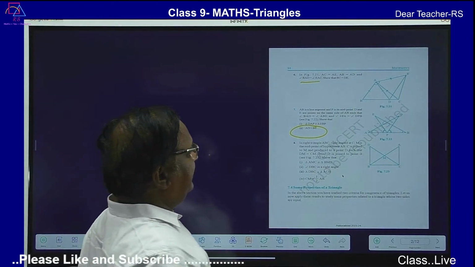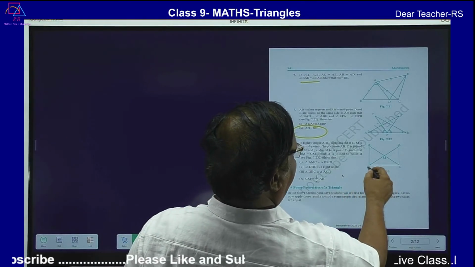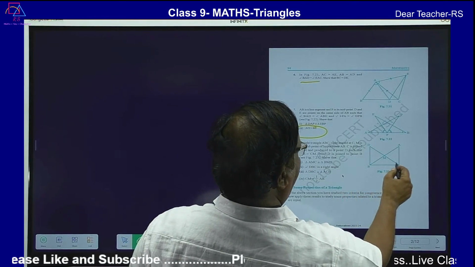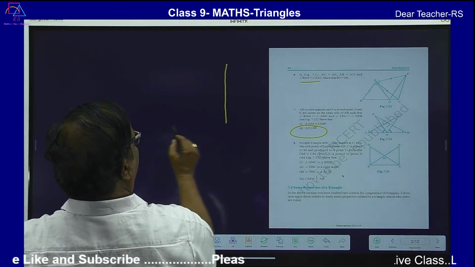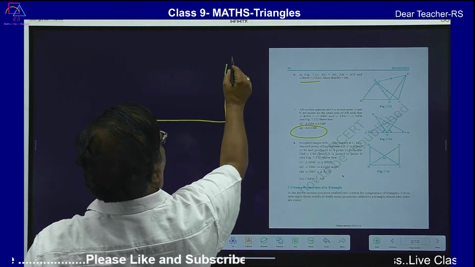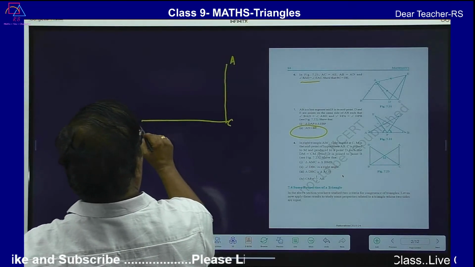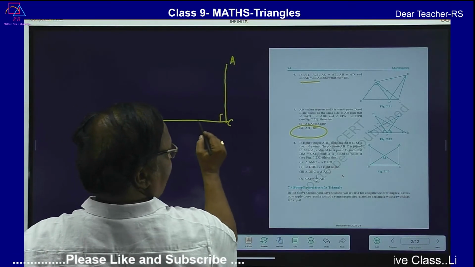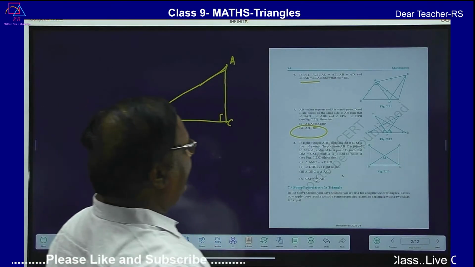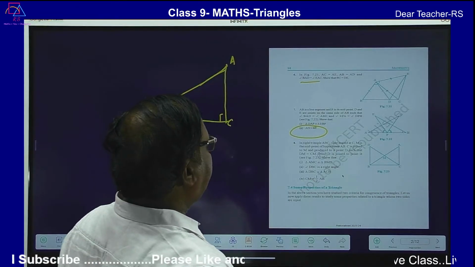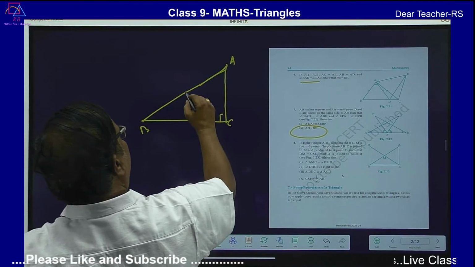So now in a right angle triangle ABC, right angle at C, that means this is A, C, B, right angle at C. Okay, this is a right angle triangle, and M is the midpoint of AB.